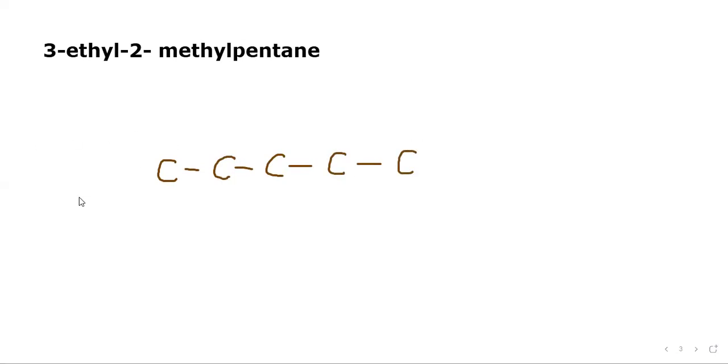Then let's number it. 1, 2, 3, 4, 5. And on carbon number 3, we have an ethyl group. So I'm going to draw my ethyl group on carbon number 3. The ethyl group is CH2, CH3.